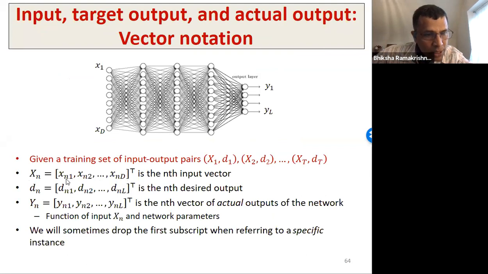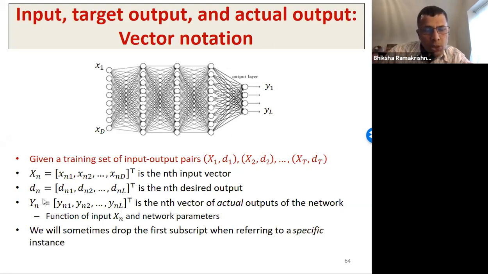The first argument is the index of the input, and the second argument is the component number. I will use D to be the desired output of the network. The desired output in response to the nth input is also going to be an L component vector, and that's what these indices represent.